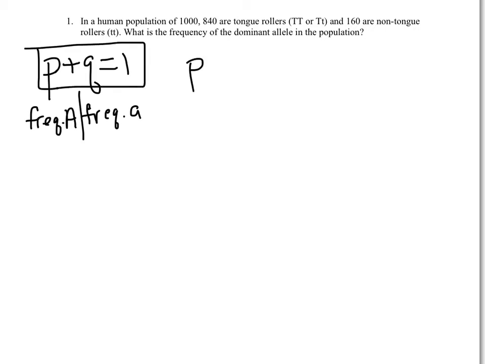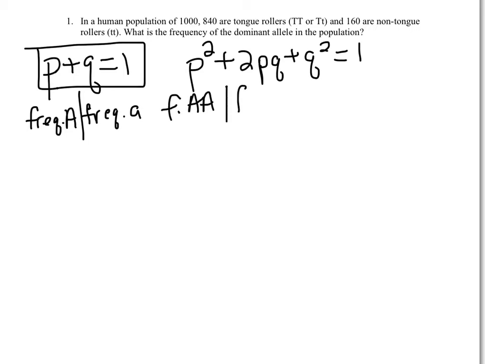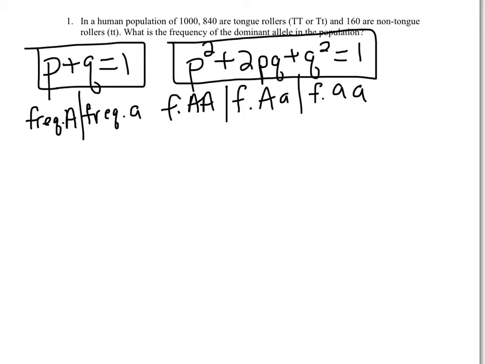Then we have P squared plus 2PQ plus Q squared equals 1. And really what this means is the frequency of big A big A, big A little a, and little a little a. So those are what we use for working all the problems.